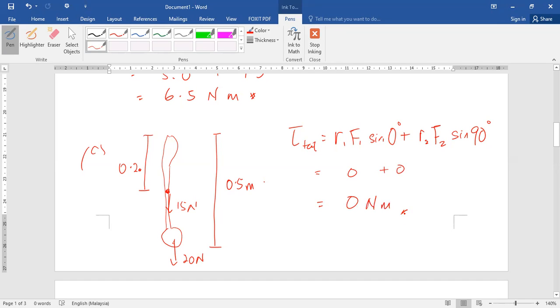The total torque will be equal to 0 Newton meter. Reason? Because the R and the F are parallel and not in perpendicular direction. Okay, next question. Next question will solve the question where the object is in equilibrium state.